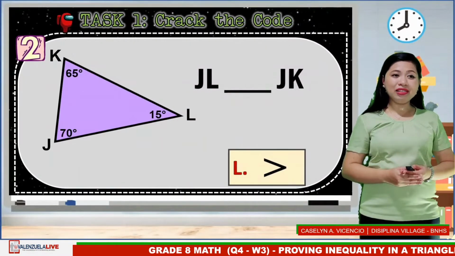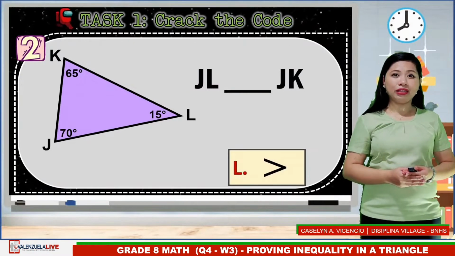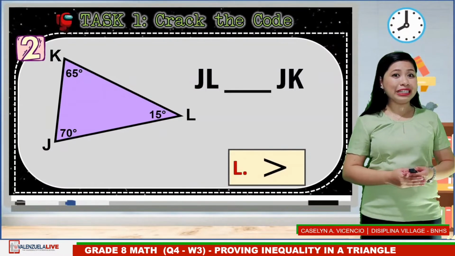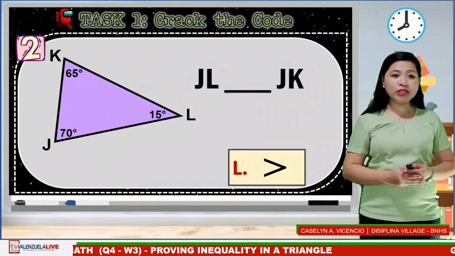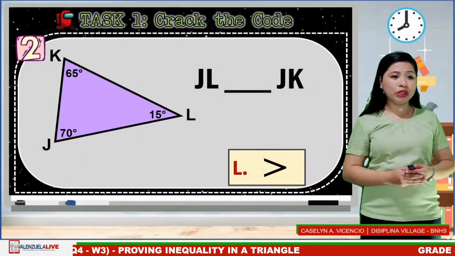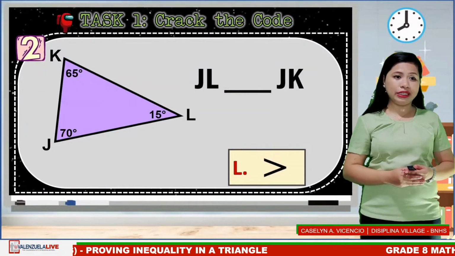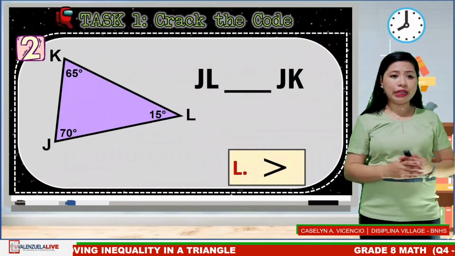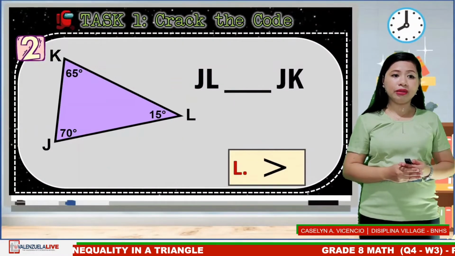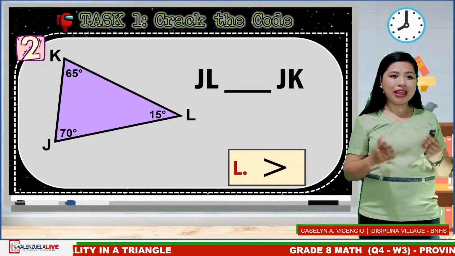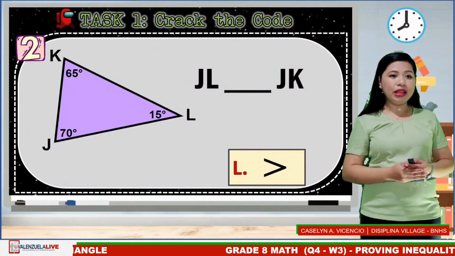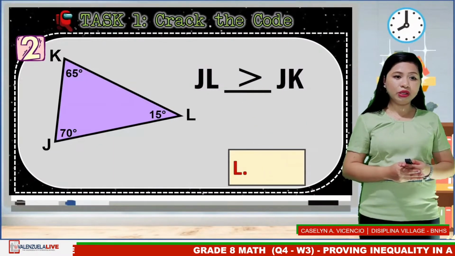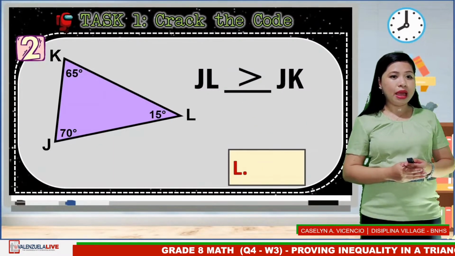Side JL is the opposite side of angle K, which measures 65 degrees, while side JK is the opposite of angle L, which measures 15 degrees. The measure of angle K is greater than the measure of angle L. Hence, the measure of side JL is also greater than the measure of side JK.